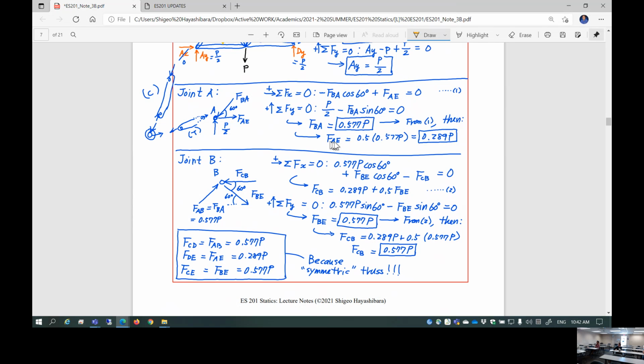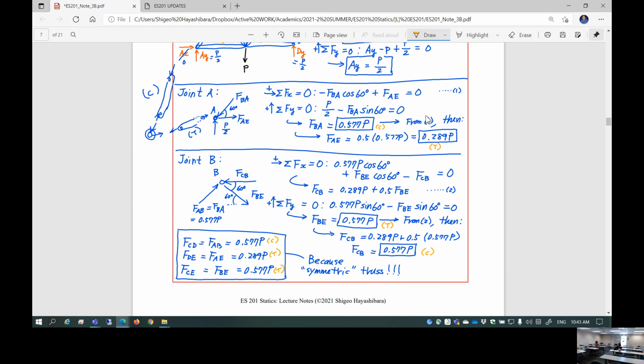FBA is compressive, C. FA is tensile, T. FBE is tensile, T. FCB is compressive, C. So FAB is compressive. FDE is AE, tensile. FCE is BE, tensile.